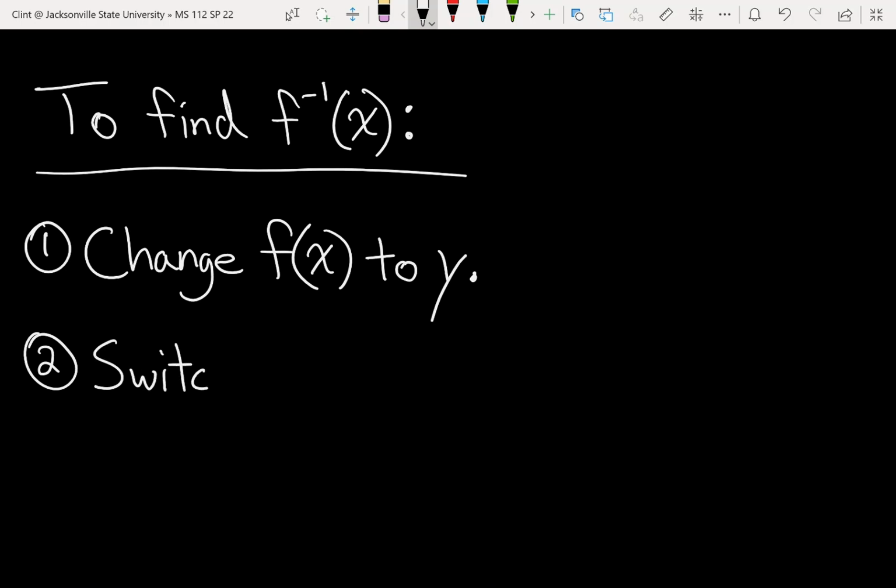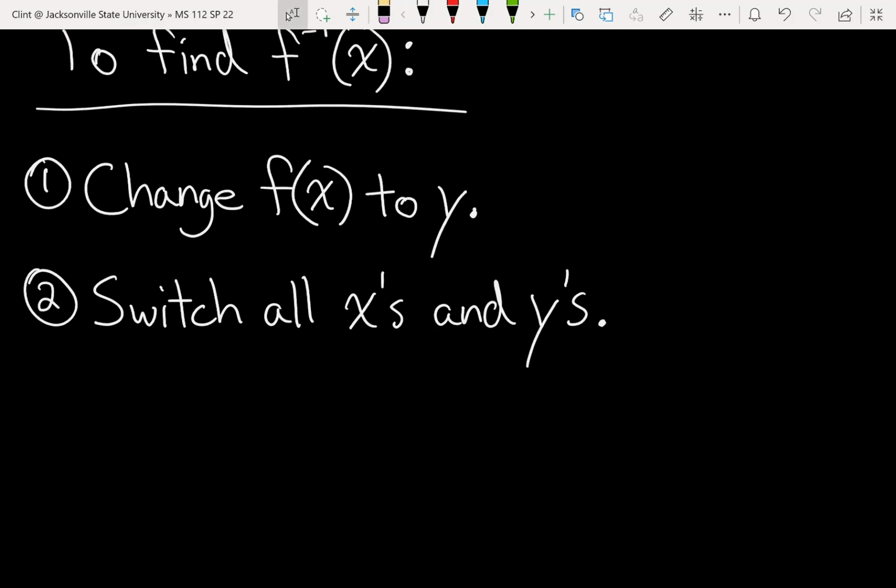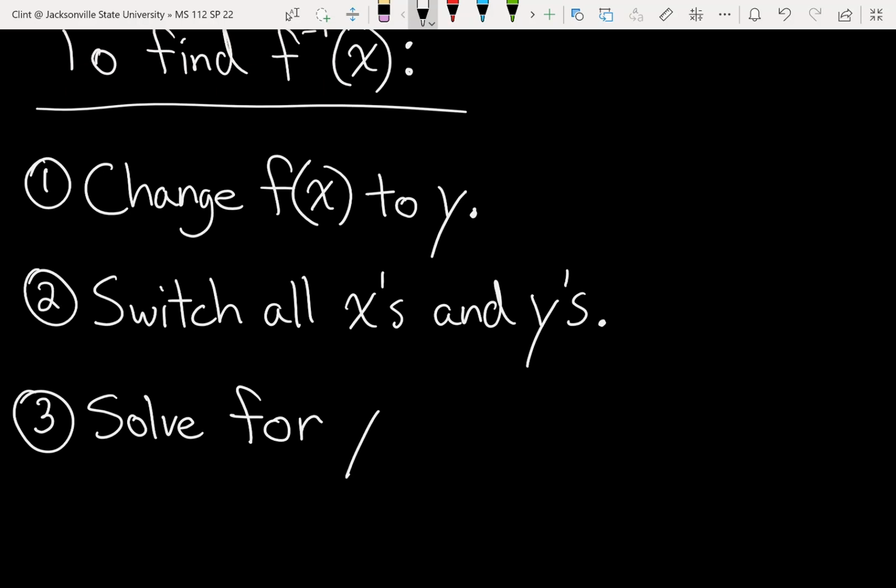Step 2, we're going to switch all of the x's and all of the y's. Usually we only have one y. We're going to switch them. So everywhere we had an x, we're going to change it to y. Everywhere we had a y, we're going to change it to x. And then step number 3, we're going to solve for y.